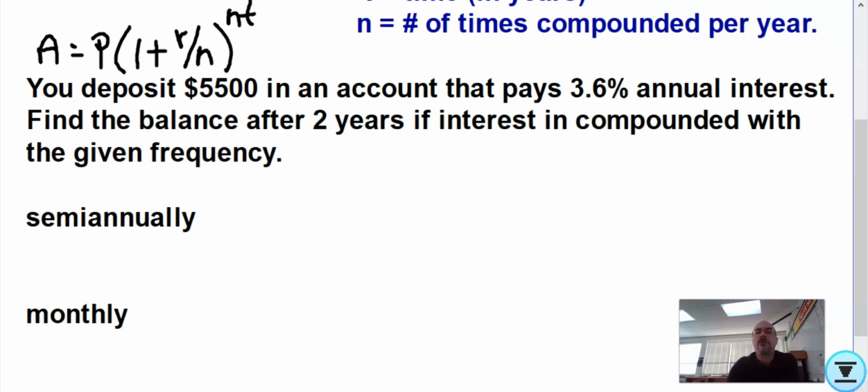All right, after 2 years. So first of all, let's change this to a decimal, 0.036. Okay, divide by 100 if you can't do that in your head. The balance after 2 years, semi-annually. Semi-annually, that means twice a year.